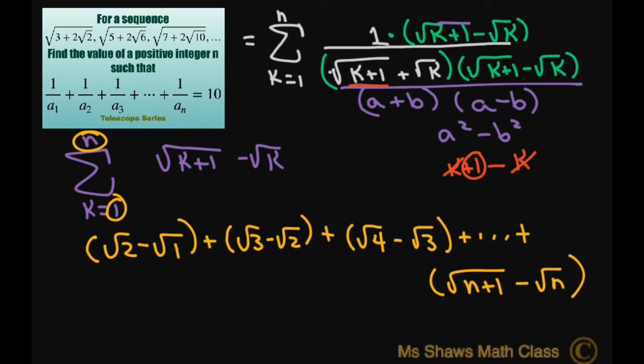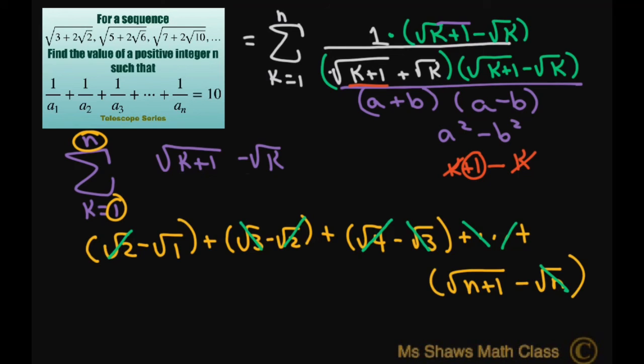This is a telescoping series, so we're going to see the pattern of what we can cross out. What we're crossing out is this first term with this last term, and this first term with this last term, and so on.